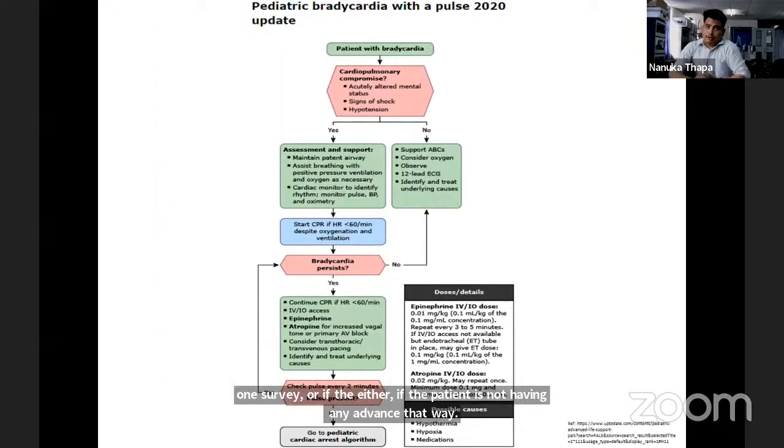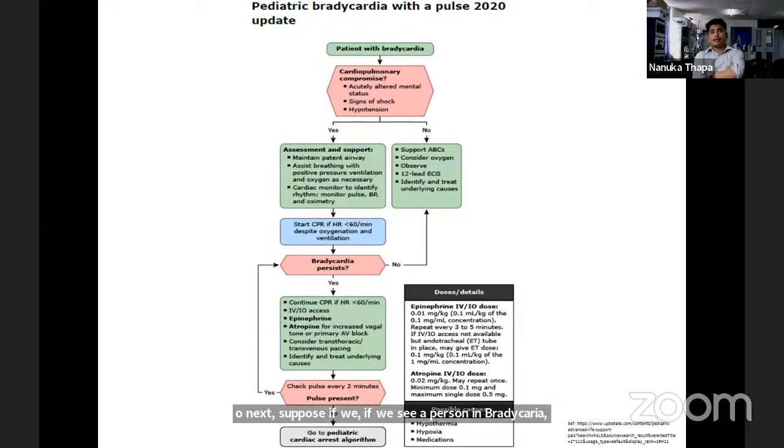Next, suppose we see a patient in bradycardia, which is usually considered as per the age-based criteria. We have to see whether any cardiopulmonary compromise is there or not. We have to see the mental status of the child: if the patient has an altered mental status or is very drowsy or lethargic, any signs of shock, or if the patient's BP is very low.